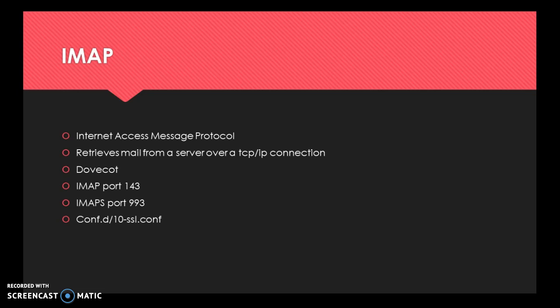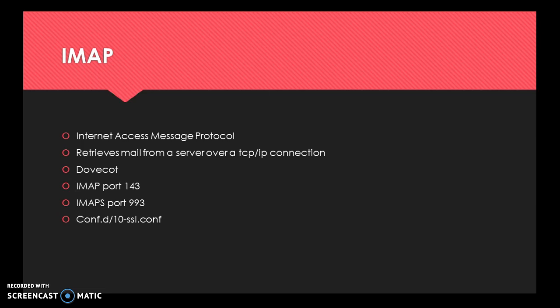IMAP utilizes Dovecot to configure an IMAP server. Regular IMAP will use port 143 to communicate, and the secure version, IMAPS, will use port 993.